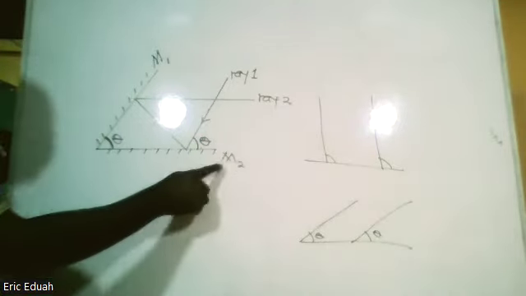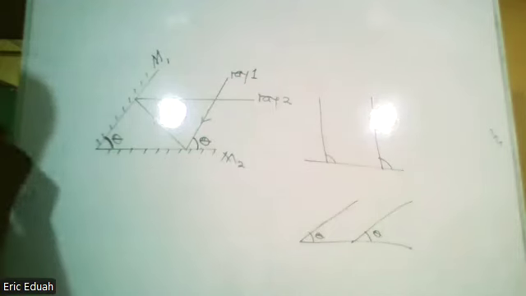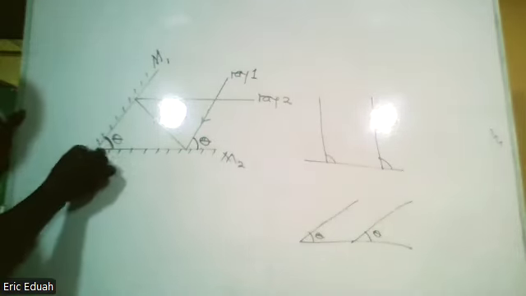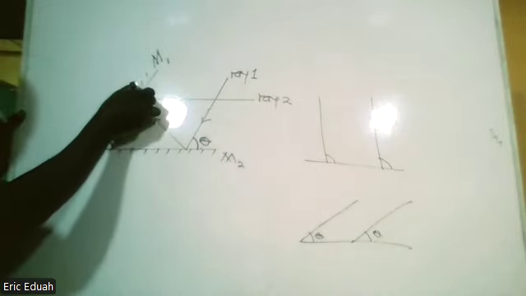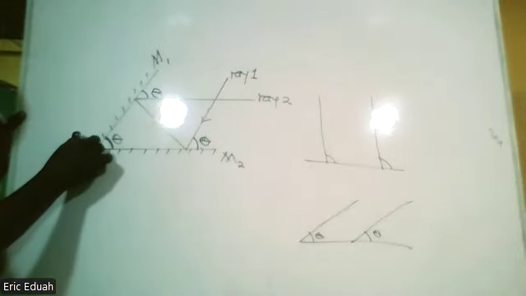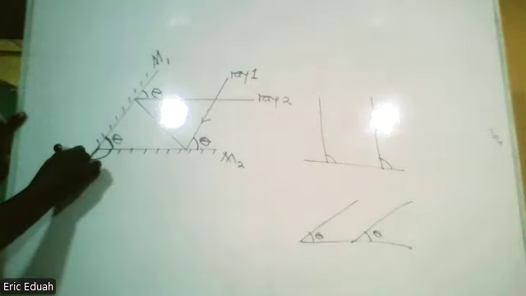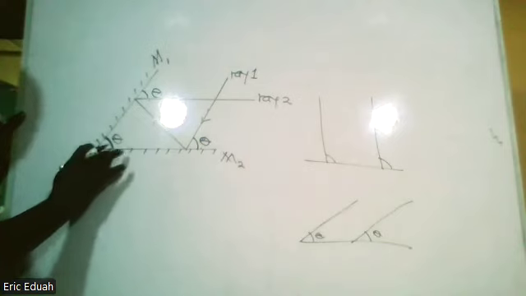Ray 2 is also parallel to mirror 2, meaning that this angle between the mirrors must be the same as this angle, or when I extend the mirror, this angle must be equal to this angle. They all correspond.